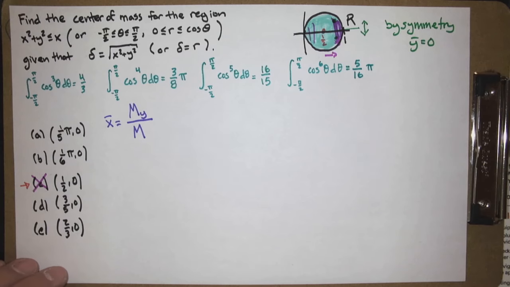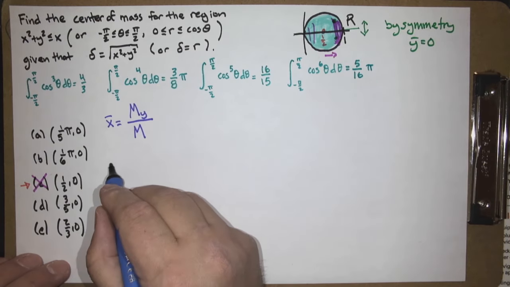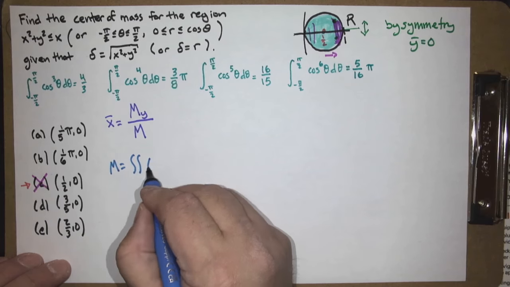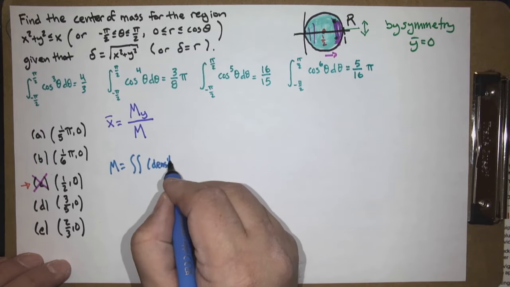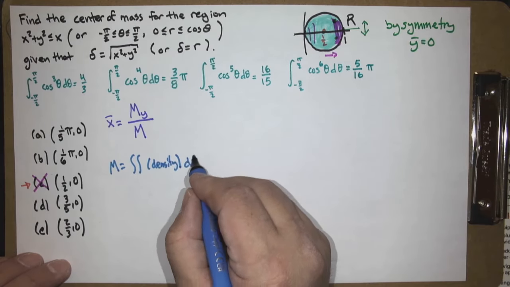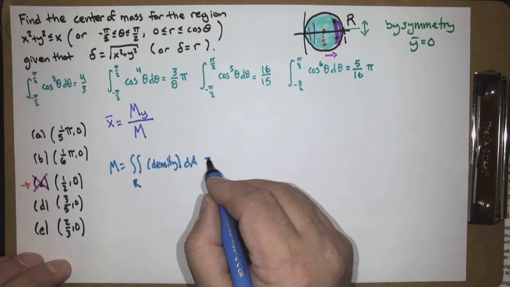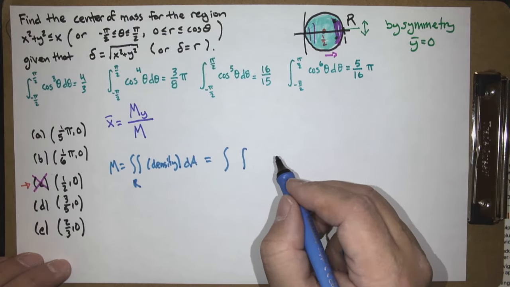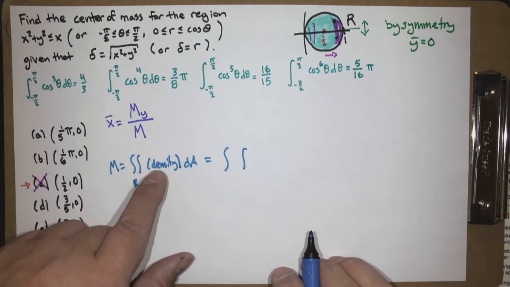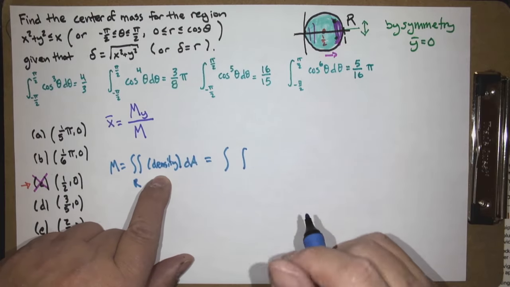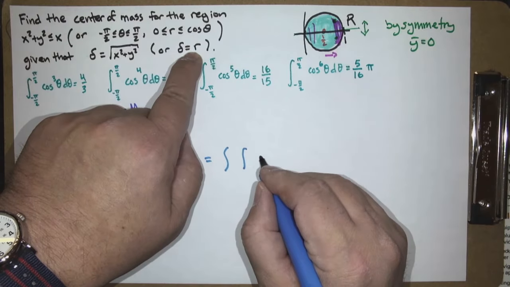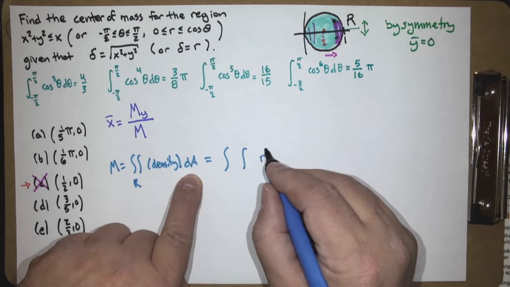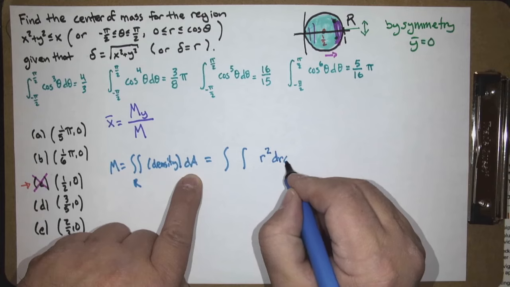How do you find mass? What's the basic idea? Mass is the integral of density. All right, well, we're going to go straight to polar. We're not going to pass go. We're not going to collect $200. What's our density? r. What is dA? r dr d theta.